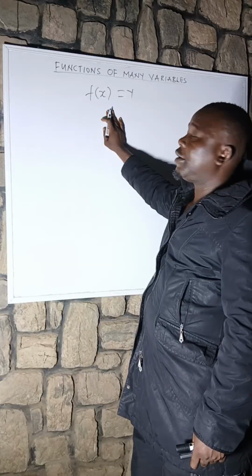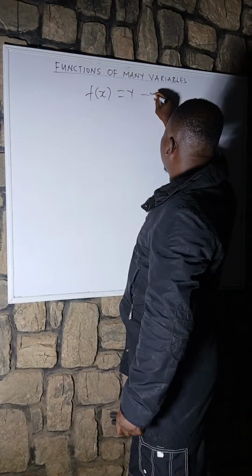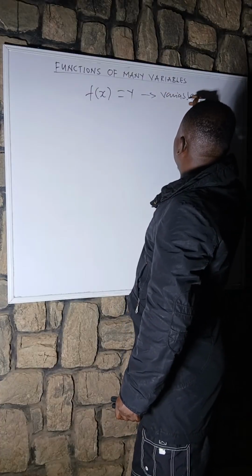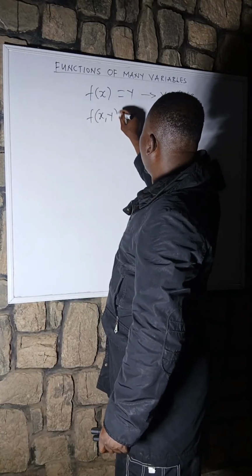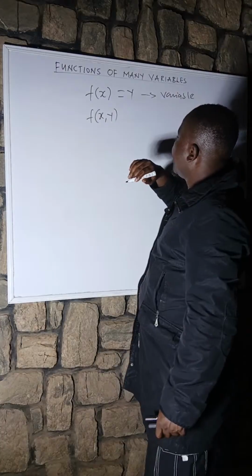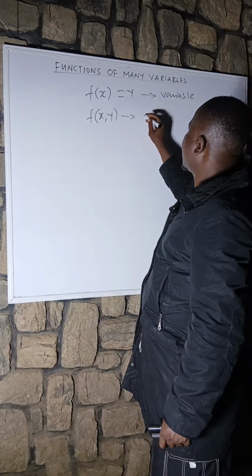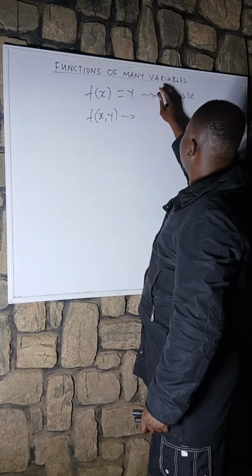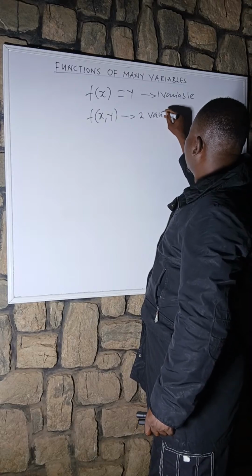Is that clear? Function of one variable. Then by the time you see f of x, y, this is a function of what? Two variables. Take notes.